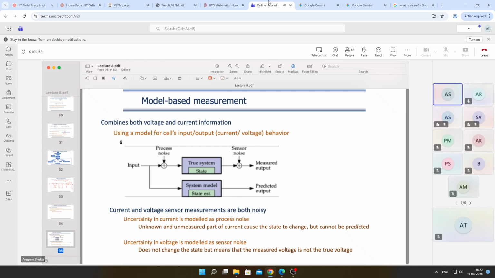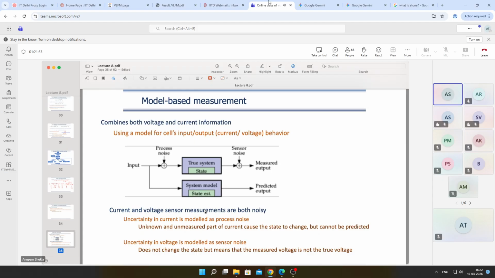The most common, or most prominent, method which may come into practice is what is called the Kalman filter. If you have heard about Kalman filter, then essentially those methods are also being applied here. The only thing is Kalman filter is applicable for linear systems. A battery is a non-linear system.